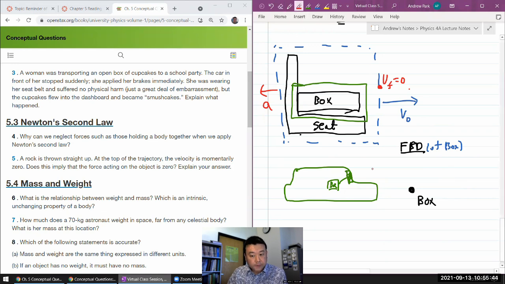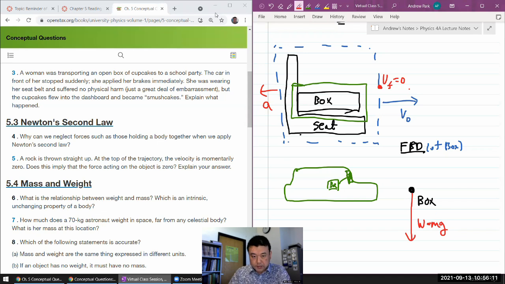I know there must be gravity on the box. The box is on Earth. And I like to get into the habit of always drawing gravity. So there's gravity on the box, and the practice I like to go through is drawing forces as it becomes necessary for me to draw them.